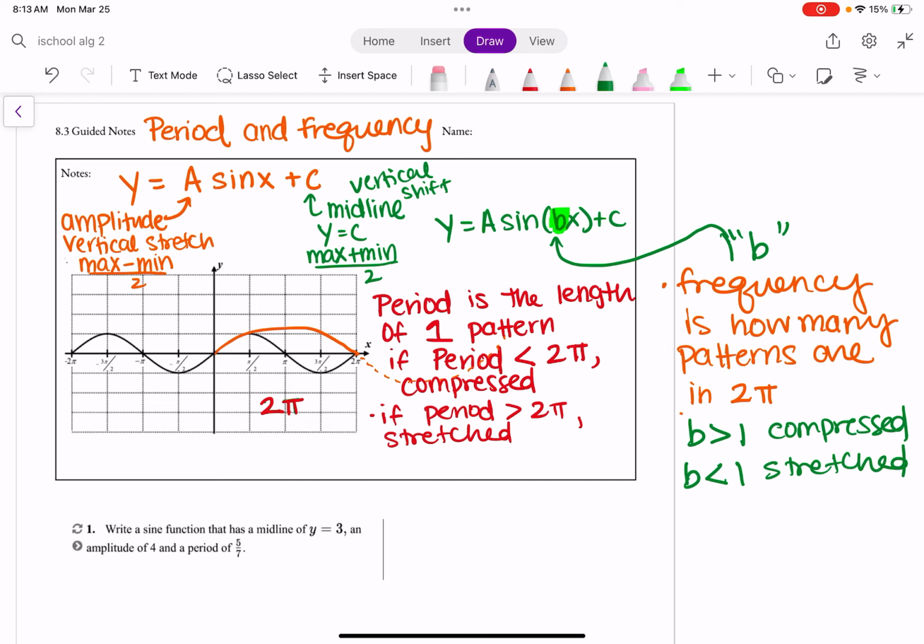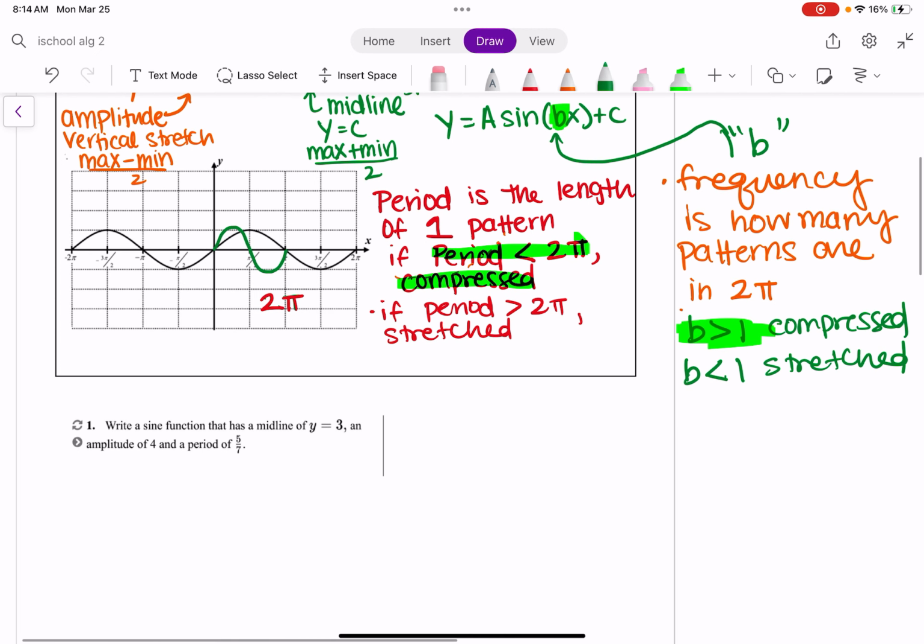So there's obviously a relationship. If the period is less than 2 pi, it's compressed. If it's more squished together, that means there's going to be more patterns in 2 pi. I'll draw that out one more time for y'all. If the period is smaller, so let's say the period is like this, then there's going to be way more patterns within 2 pi.